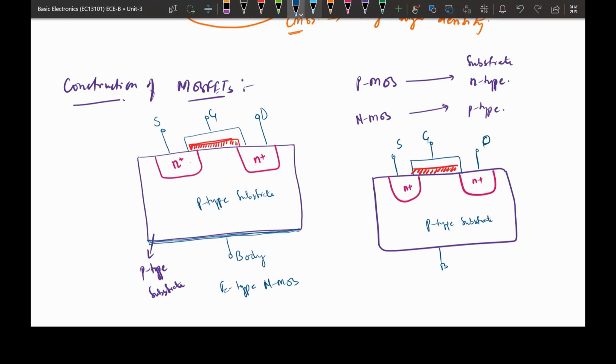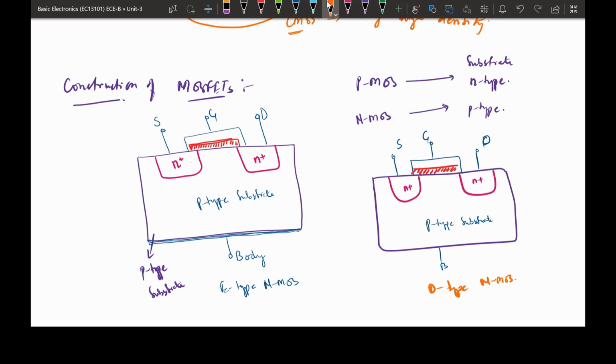So in the depletion type, suppose MOSFET is there, so here predefined electrons will be there. That means charges will be available here previously.